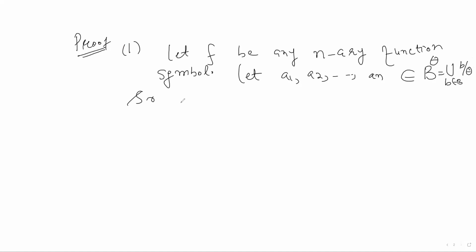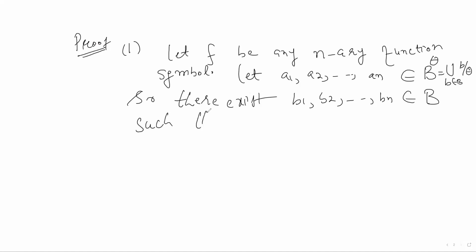So there exist b1, b2, so on, bn belonging to B such that (ai, bi) belongs to theta, where 1 is less than or equal to i, less than or equal to n.